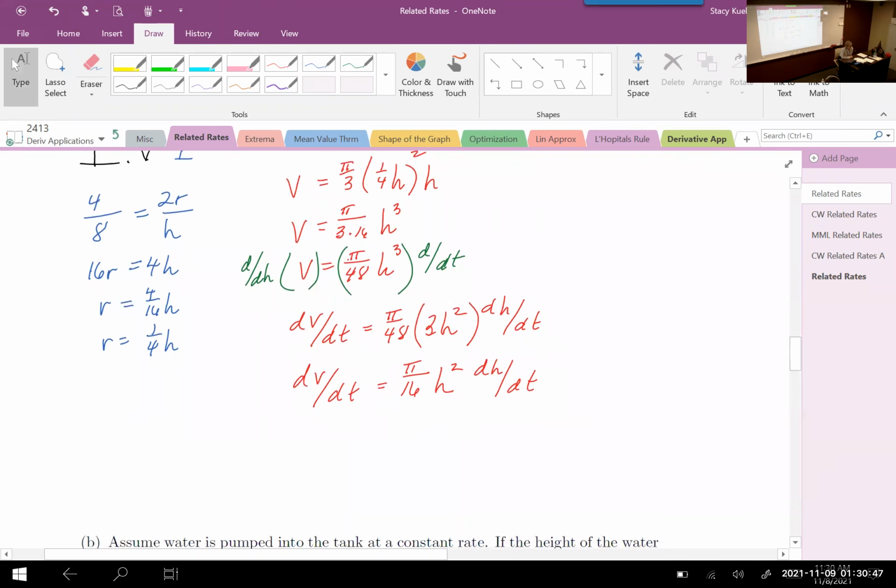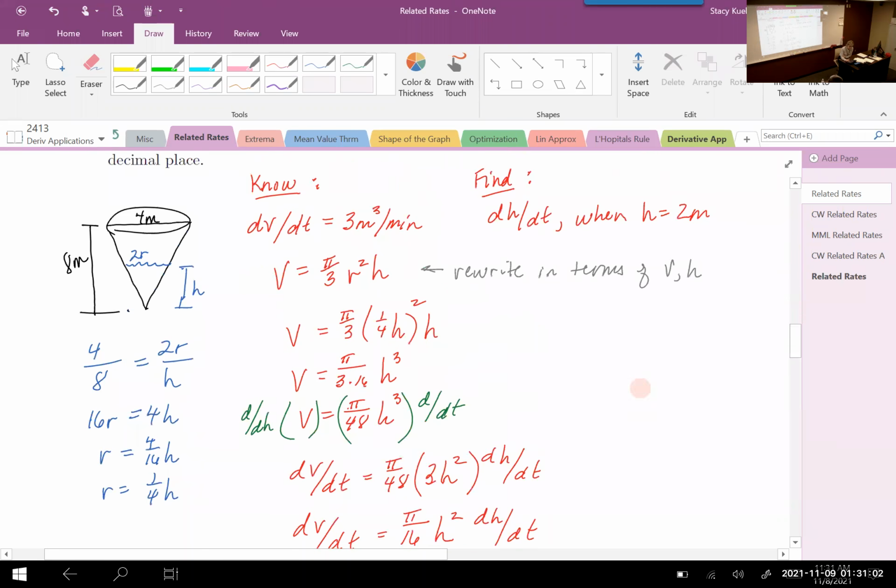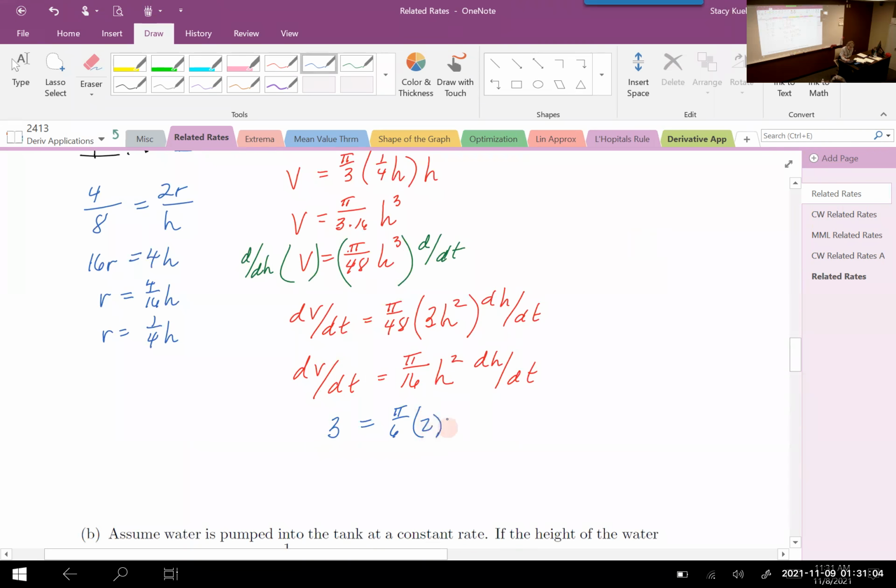And now I can just plug everything in that I already know. So dV/dt was 3. That's equal to pi over 16 times 2 meters squared dh/dt.